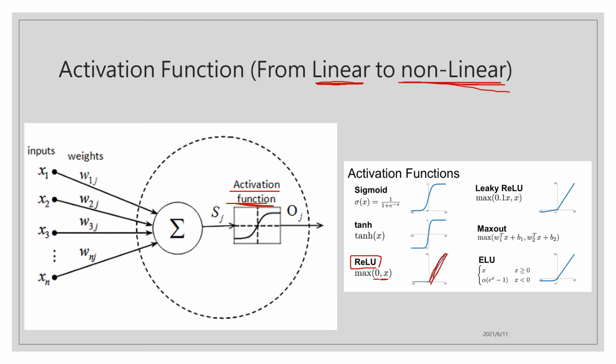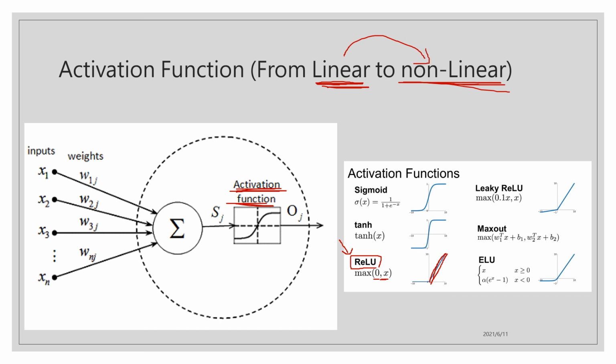ReLU is one of the most commonly used activation functions in deep learning and neural networks. If you are a computer science student, you need to learn about it. But if you are not, just know that we combine all the linear equations together, and by using the activation functions, we can turn the linear approach into a non-linear approach.